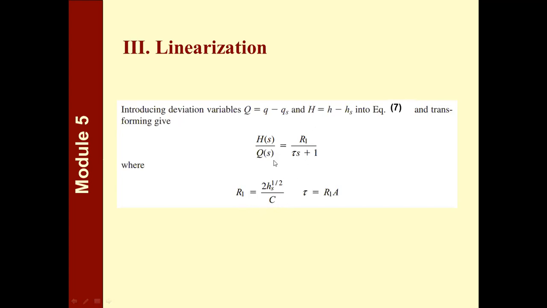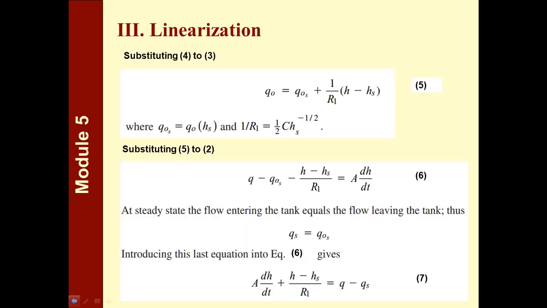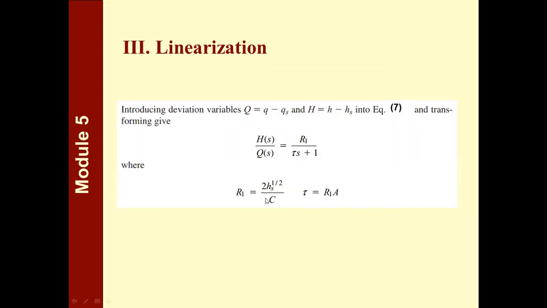And what is that R sub 1? So we get it from 1 over R sub 1 equals 1/2 C times H sub S raised to negative 1/2 that we had here. So this will be the corresponding value of R sub 1.